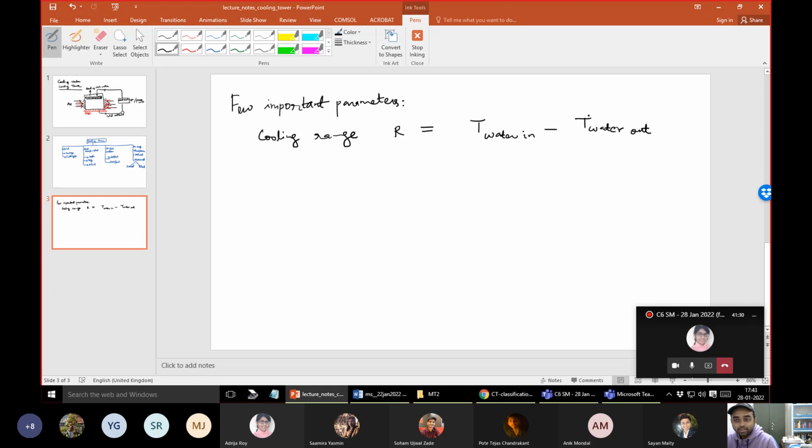So these are coupled. The cooling water that you are introducing into the cooling tower should not be 10 to 15 degrees higher than the outlet water, and that is how the capacity of the cooling tower is designed. So you also need to keep in mind that in the heat exchangers where you need this cooling water, the cooling water rise should not be more than 10 to 12 degrees.